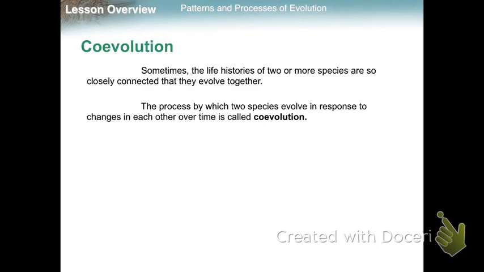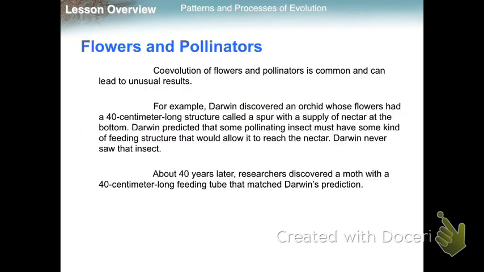Another example of evolution is coevolution. If you look at that word, the prefix co means together. Two species that are evolving in response to changes in each other. Let's take a look at some examples of that. Flowers and pollinators is a pretty easy one there. Darwin discovered an orchid whose flowers had a 40-centimeter long structure called a spur with a supply of nectar at the bottom.